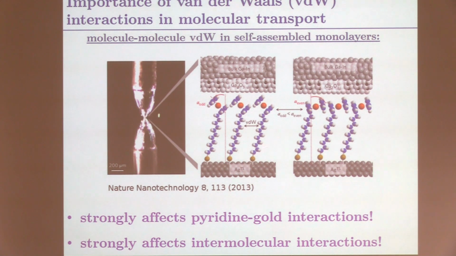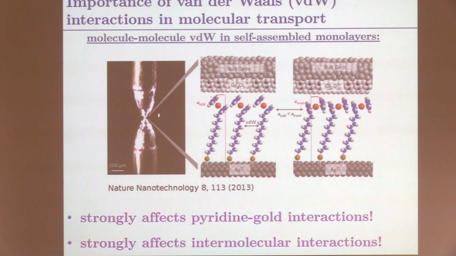And he reported that these van der Waals interactions are important when you would like to address the coupling of the tail group, which is functionalized here, to the top electrode. So these van der Waals interactions affect the coupling, if you like, between molecules and metal surfaces in single molecule junctions, but they can also affect intermolecular interactions in self-assembled monolayers and many other systems.